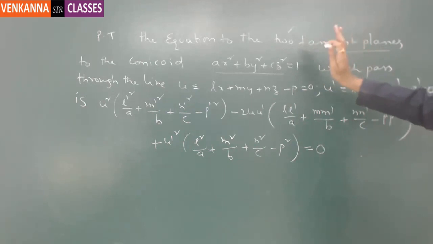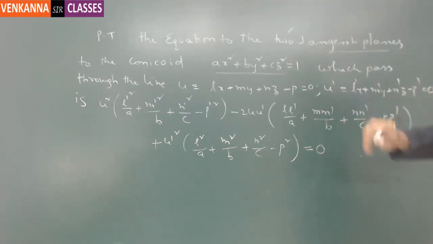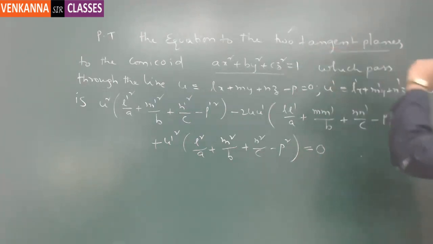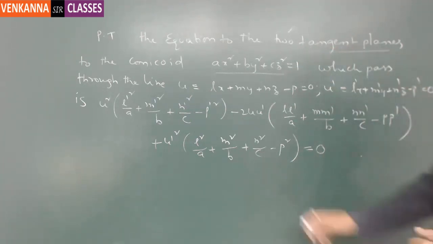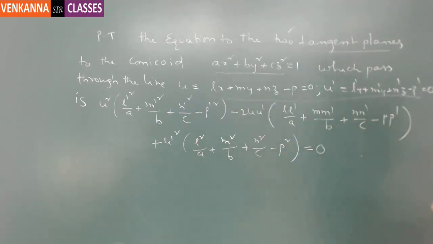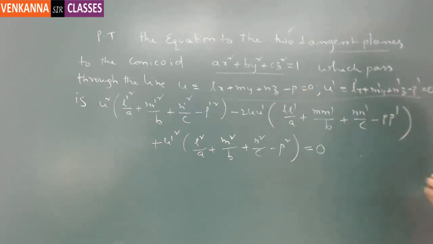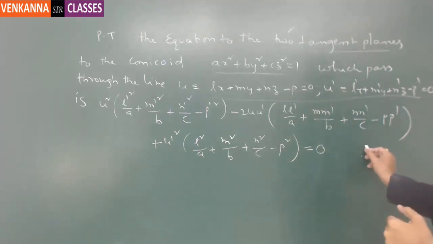We are calculating a tangent plane to the conicoid, and the tangent plane has a property that it passes through the line. So how is the line formed here? Intersection of two planes.